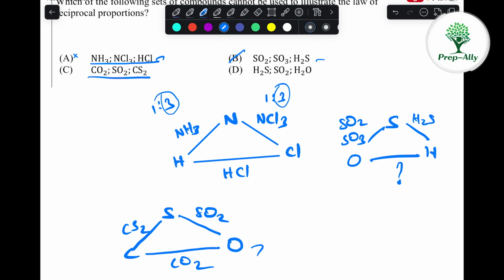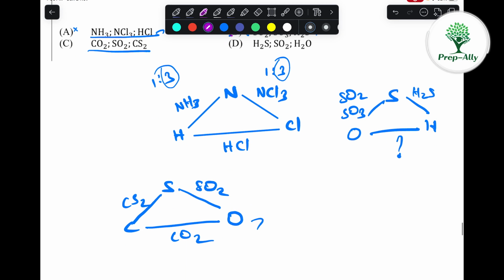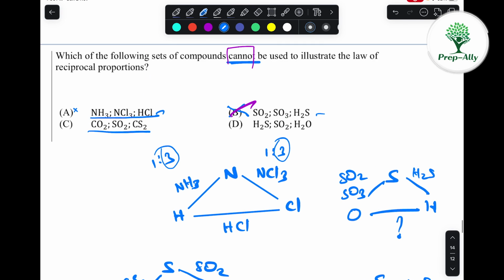So this is going to be our answer, the real answer, because it cannot be used to illustrate the law of reciprocal proportion. Let's talk about H2S, SO2 and H2O. Same S, O and H. This is SO2, this is H2S, and this is H2O. Anyway, we can use this to explain it. So the real answer is going to be B.